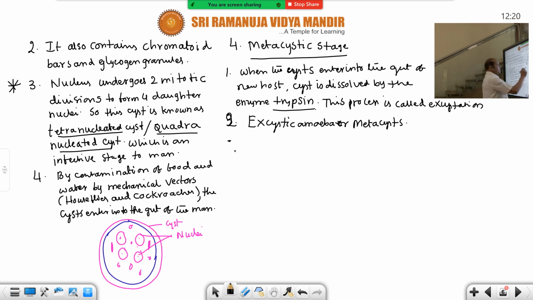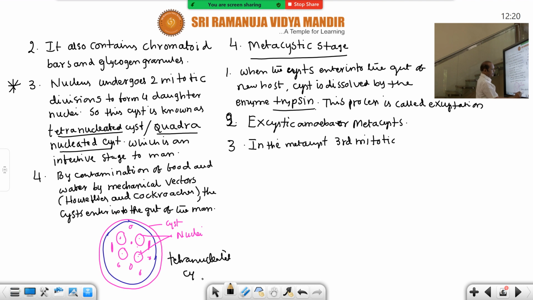So in this metacyst, the third mitotic division occurs. In the metacyst, the third mitotic division occurs to produce how many daughter nuclei? In the infective cystic stage, there are already 4 daughter nuclei. That's why it is a tetranucleated cyst. Right here, tetranucleated cyst.